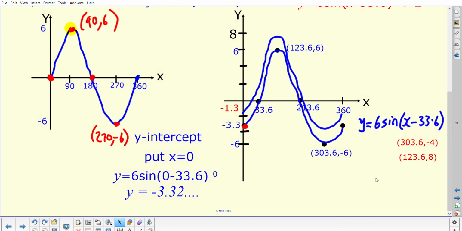I know it's a wee bit wobbly looking there, but your turning point is now, instead of having a y coordinate of 6, it's now got a y coordinate of 8, and your turning point down here, I mean, you can draw this on another graph, will have a turning point of 303.6, negative 4, so it's still the same basic shape, but everything has moved up, and that's it.